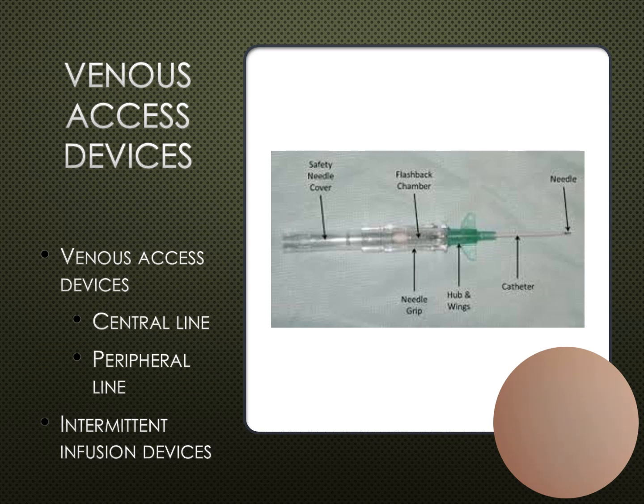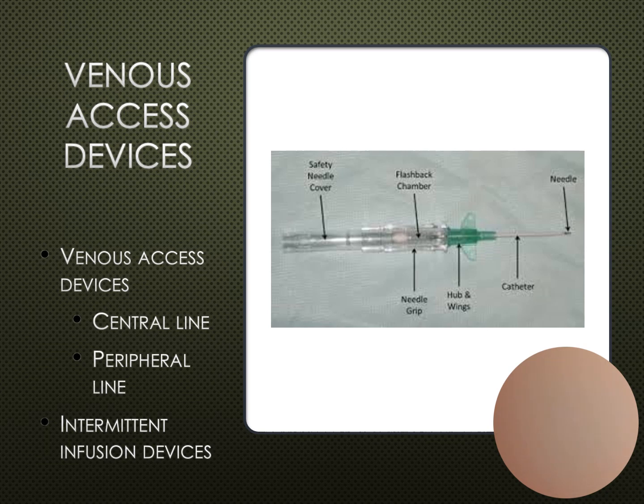These catheters are intended for short-term use in clients that require irritant or vesicant medications or hemodynamic monitoring. The peripherally inserted central catheters, or the PIC catheter, are used in clients that require therapy that is going to last over 6 days.